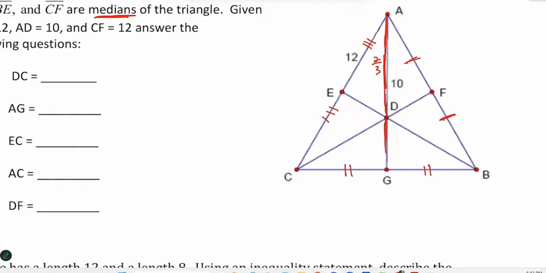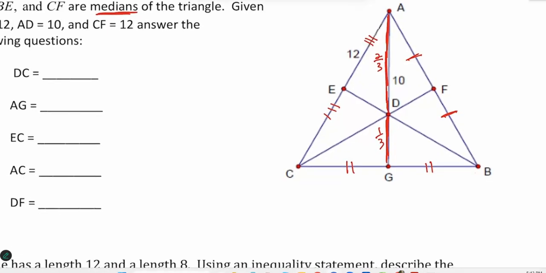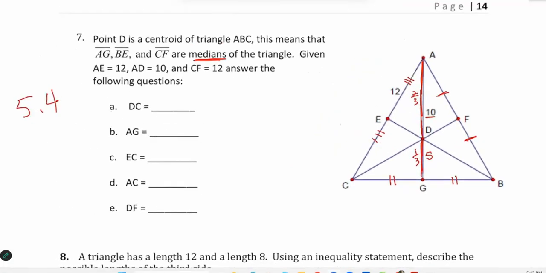And this piece right here is 1/3 of the entire length. And the relationship between the 2/3 piece and the 1/3 piece is a 2-to-1 relationship. Therefore, if this is 10, this must be 5. Okay, if this is 12, this has to be 12.